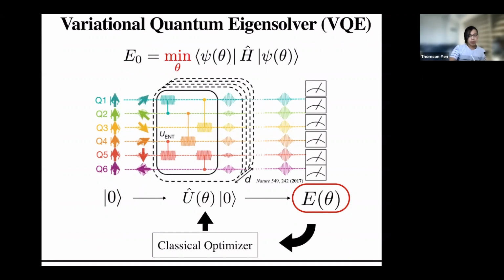So of course you do this on the quantum computer, you prepare the wave function, and you get the energy, you feed this to a classical optimizer. So as I said before, we're focusing on the measurement parts of the VQE. And it's not as simple as preparing a wave function and you directly get the energy expectation value.